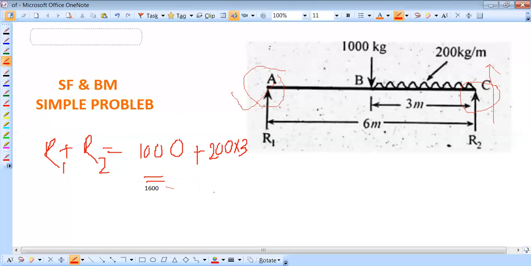Then we need another equation to find out R1 and R2.